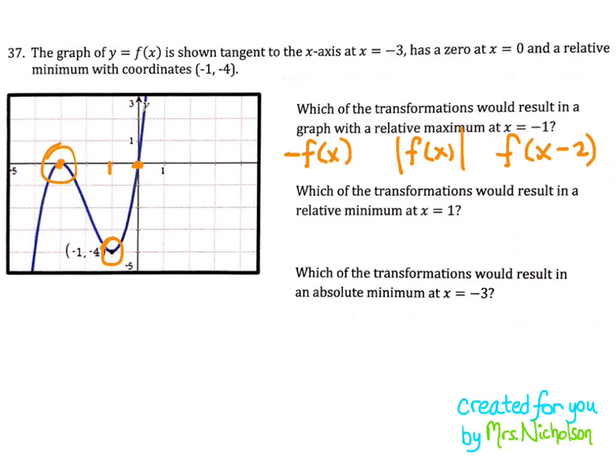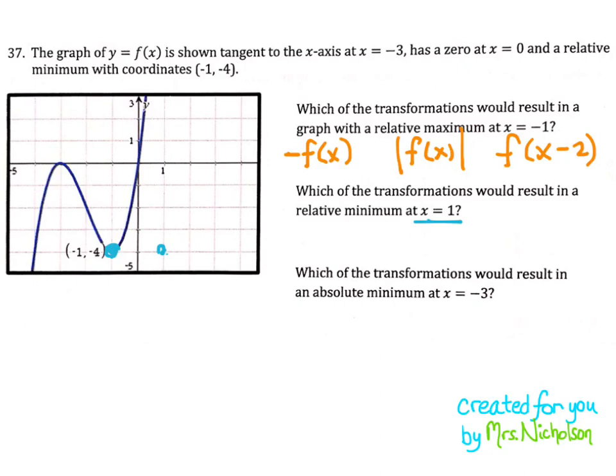This next one, which of the transformations would result in a relative minimum at x equals +1? So this time, we want our minimum to be at x equals +1. Right now I have a minimum at x equals -1, and I want to move that over here to +1.